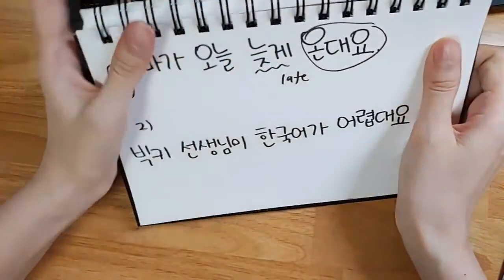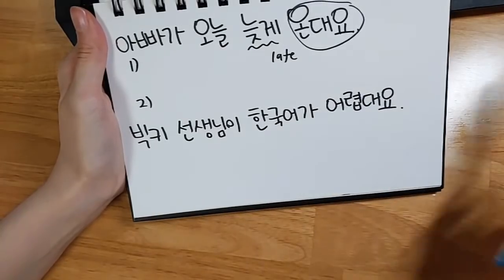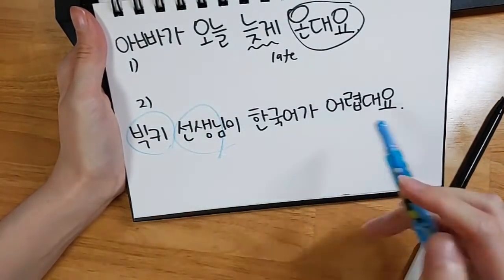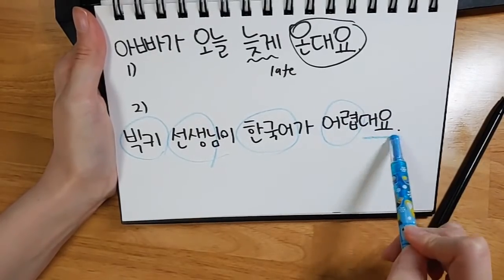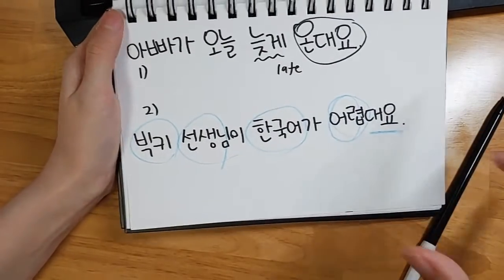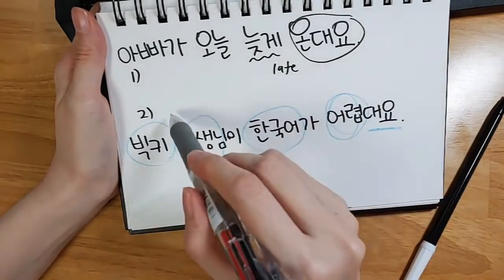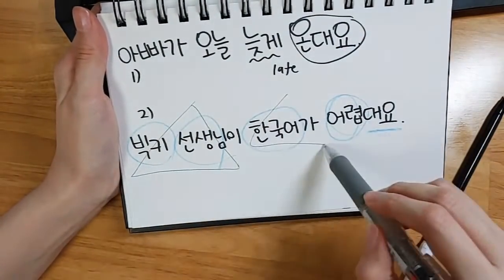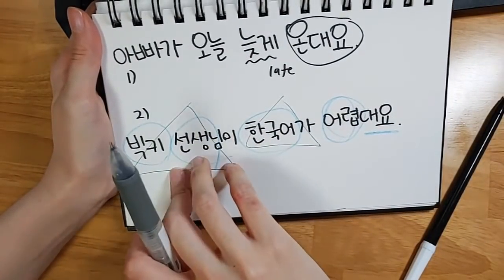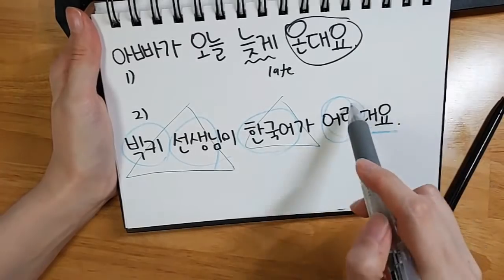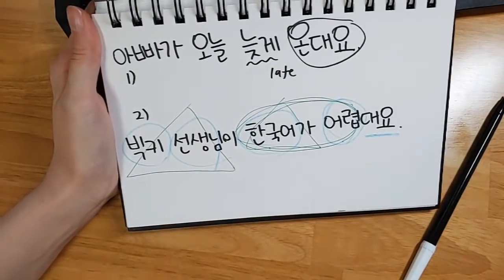But as for sentences like this, 비키 선생님, teacher, 한국어가, Korean, 어렵대요. So this one is obvious. This one has two subjects, right? It's obviously Vicky 선생님, Vicky teacher, who said that Korean is difficult.